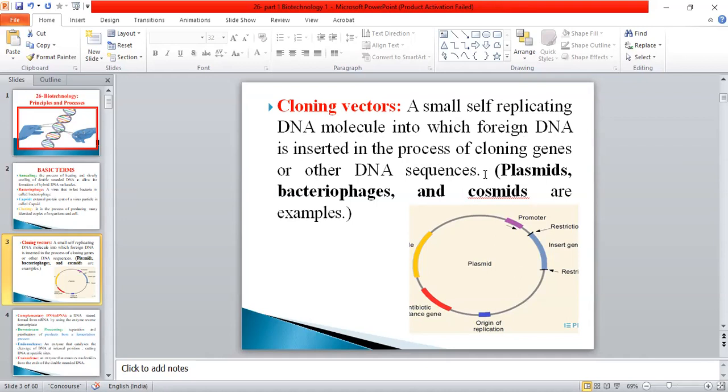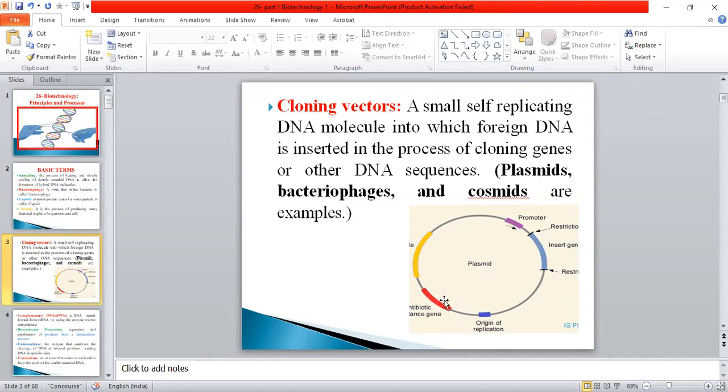Not only that, whatever the desired quality or desired characteristics are, we can make it in the laboratory. Okay, so this is called a plasmid. This is the structure of a plasmid. Okay, it contains the characteristics of so many things. Here, what are the instructions given? The antibiotic resistant genes.